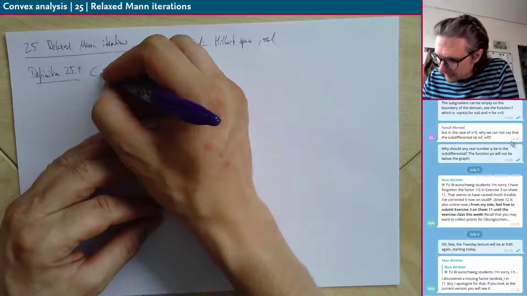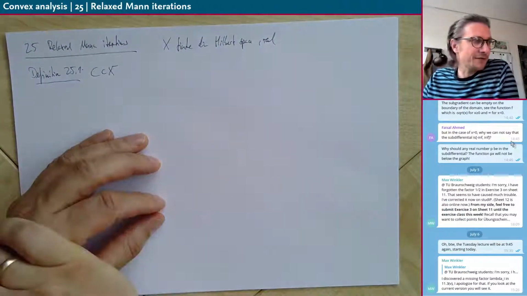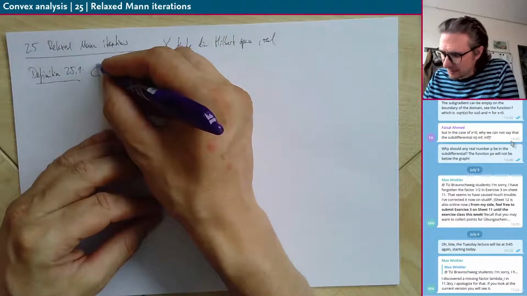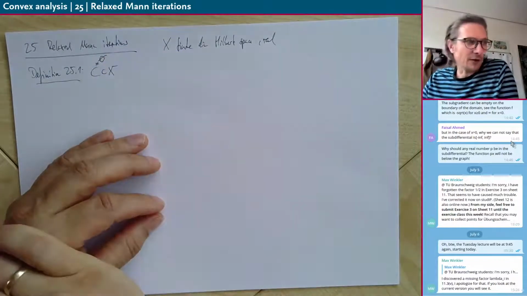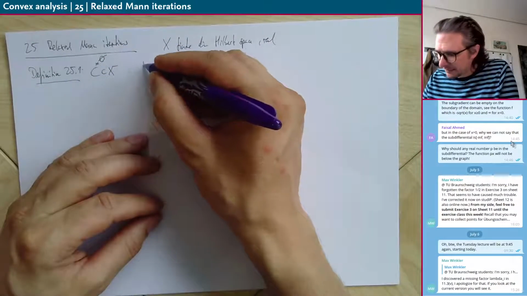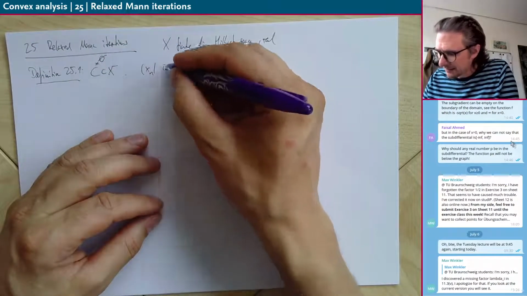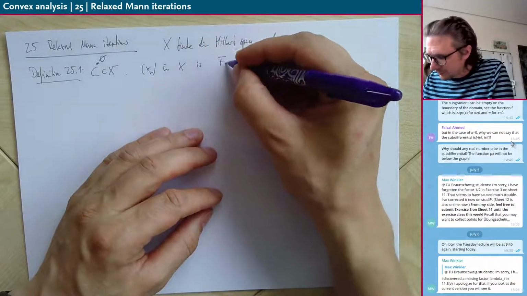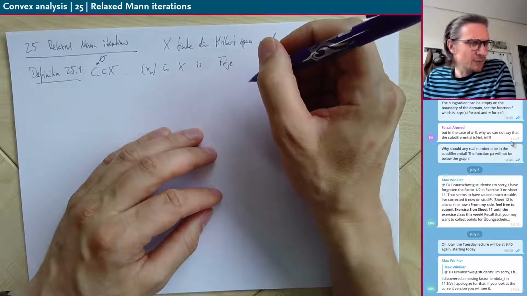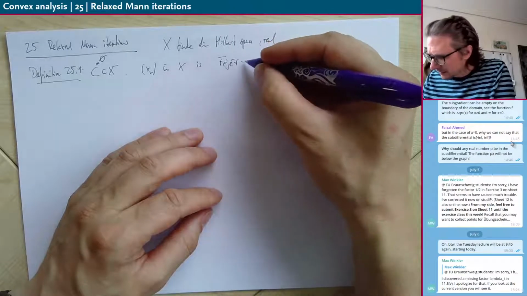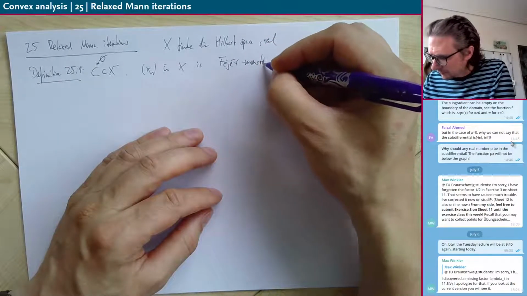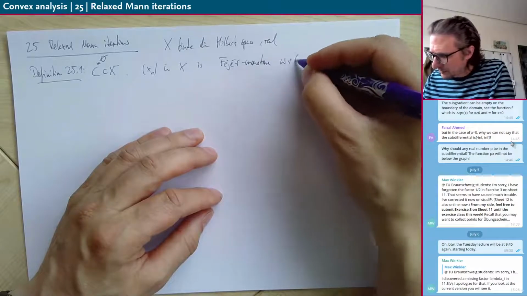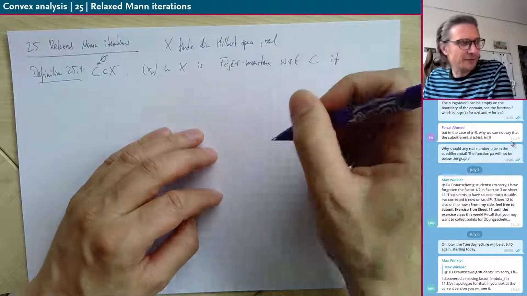If C is a non-empty subset of X, then we say a sequence x_n in X is called Fejér monotone with respect to C if the following holds.